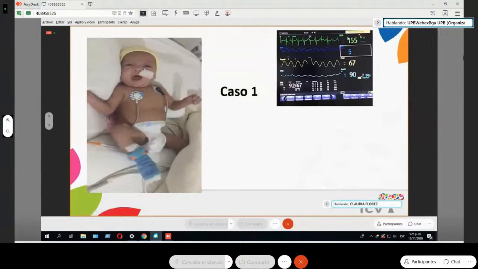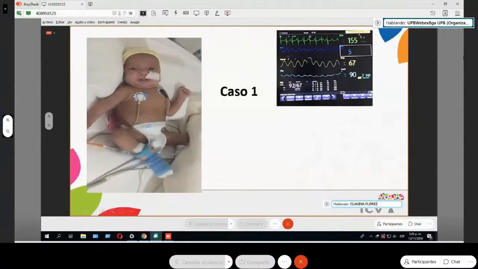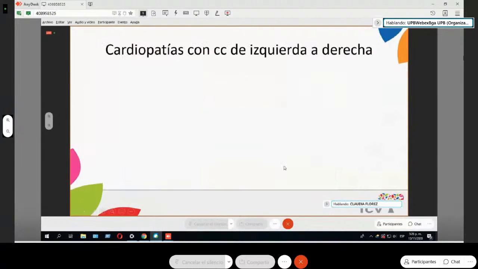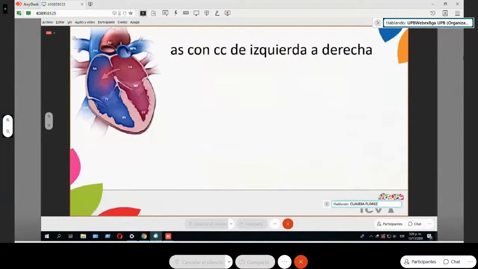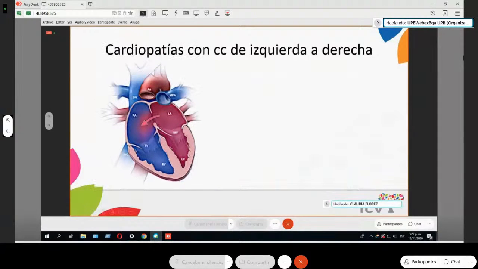She's tachycardic. She has a normal saturation, it's pink, and she has chest X-rays with a lot of flow to the lung. So these patients that look pinkish with increased blood flow to the lung may have diseases, including defects on the wall that divides the right side from the left side of the heart.